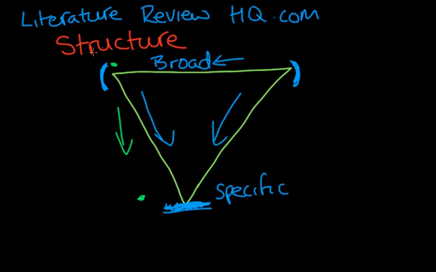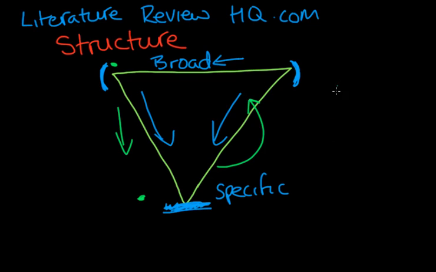It may not be that easy to start off broad. You may want to keep circling back to broad topics, or they may be generally broad but have some specific aspects to them. So this triangle is very simple, but sometimes if you want to make a more complex argument, it can be quite restrictive to structure your review in this way.